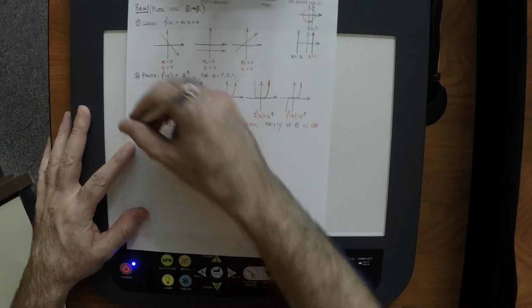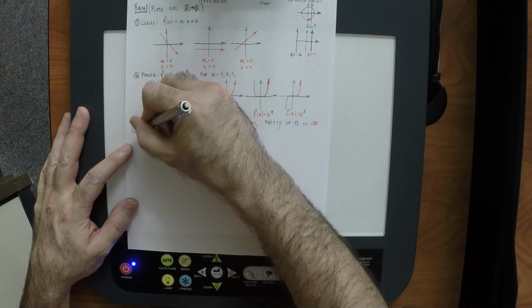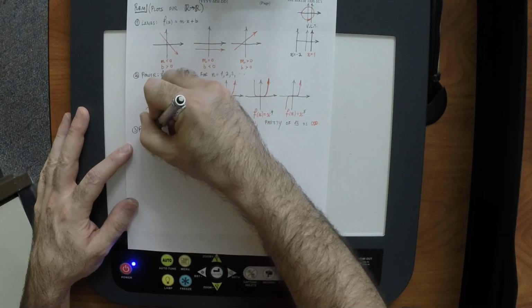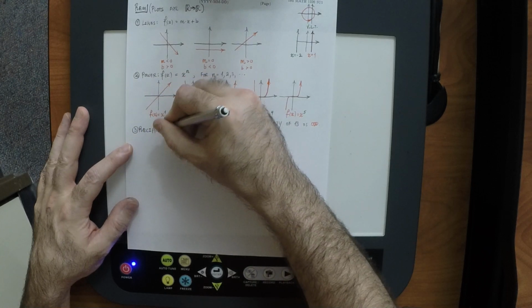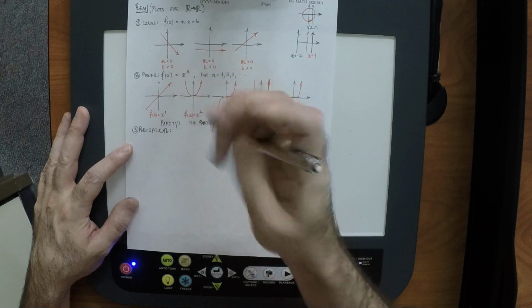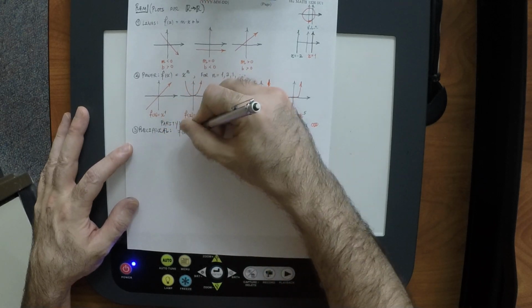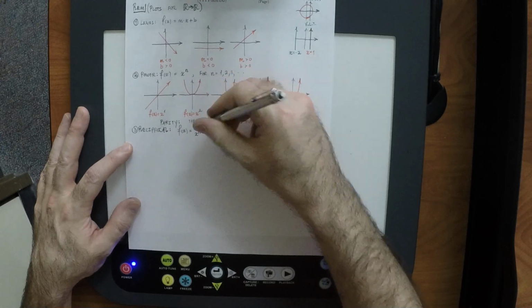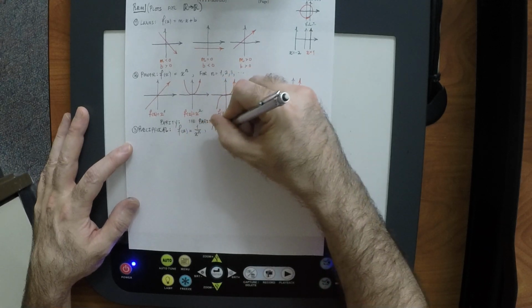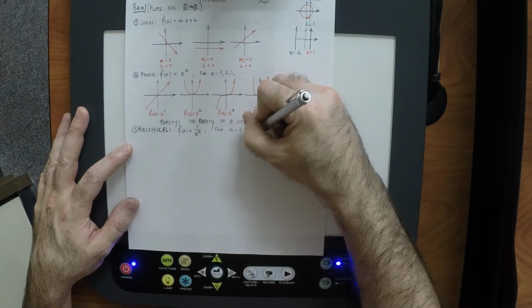Okay, so the next one, the reciprocals. Reciprocal family. These are the ones that look like f of x is 1 over x to the exponent n, for n equal 1, 2, 3.